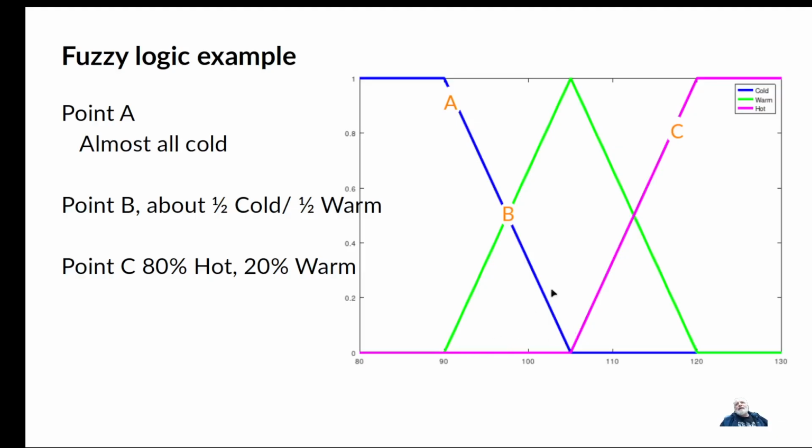And then the green is warm. So here you can see that it's warm at exactly 105 degrees. So at 90, it's just starting to turn warm, and then we have this degree of warmth between 90 and 105, and then it drops back off here.